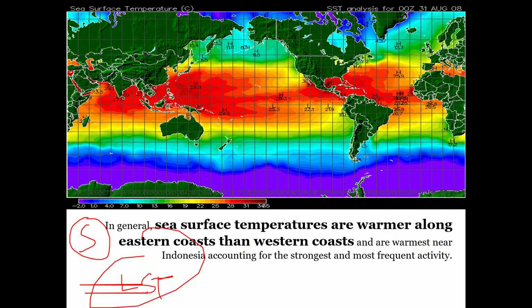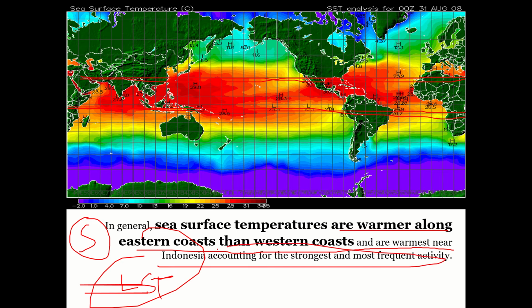If you see this, and we have also discussed this, these are the regions where we can experience slightly larger sea temperature throughout the year. In general, sea surface temperatures are warmer along the eastern coast than the western coast, and are warmest near the Indonesian sea regions.